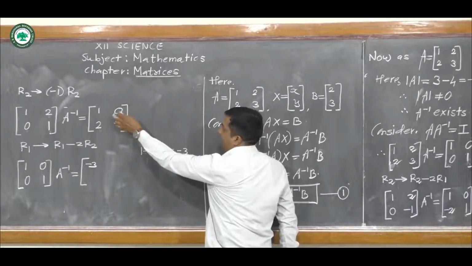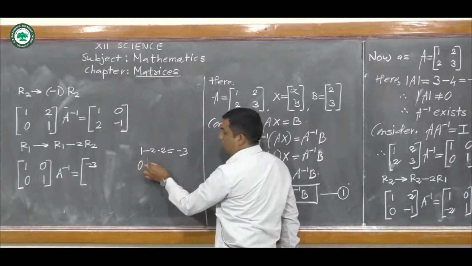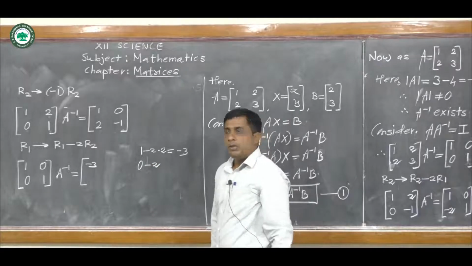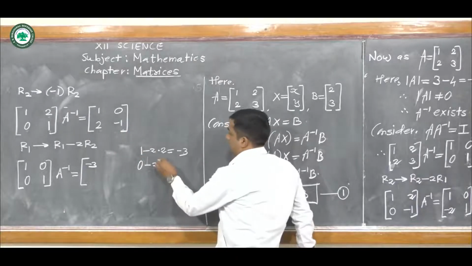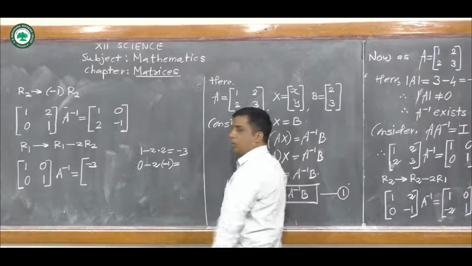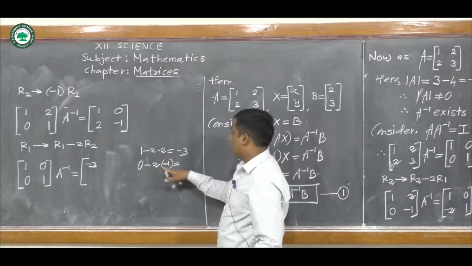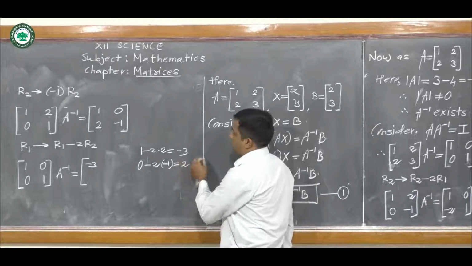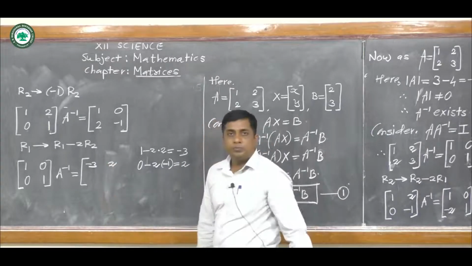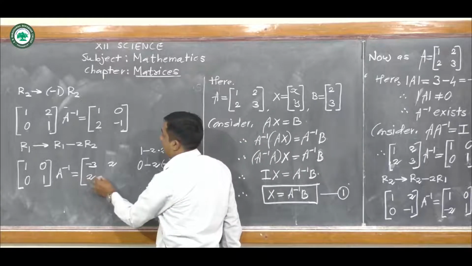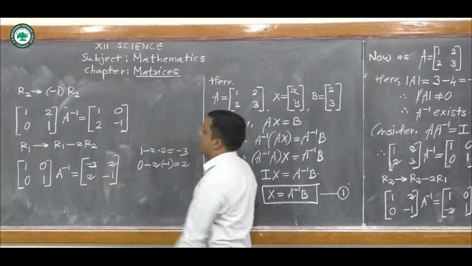Next, the second element from the first row is 0 with minus 2. Here the second element from the second row is minus 1. So minus 2 into minus 1 is plus 2. So here in the position of 0 we get 2. And here we keep the second row as it is, this 2 minus 1 as it is.